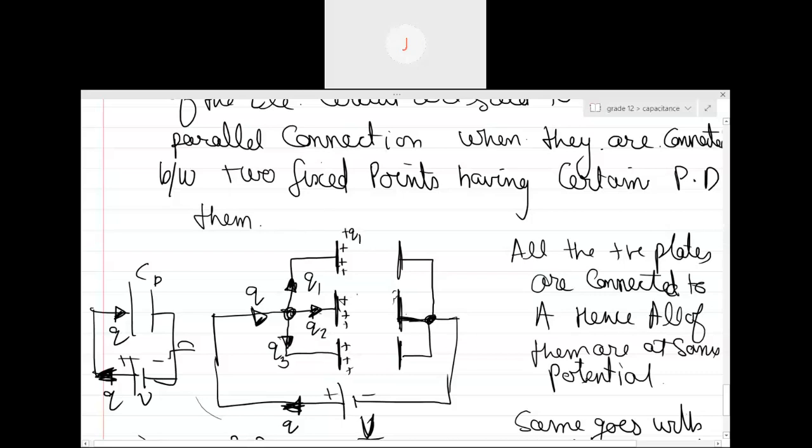So here it will be plus Q1, here plus Q2, and here plus Q3. What about the charge over here? It will be minus Q1, minus Q2, minus Q3. Is this clear, guys? The charge on the individual plates of the capacitors.